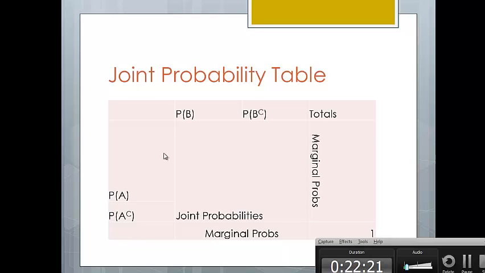That would be the probability of B occurring, the probability of A occurring, the probability of A's complement occurring, and the probability of B's complement occurring.